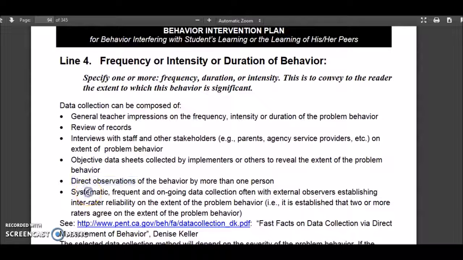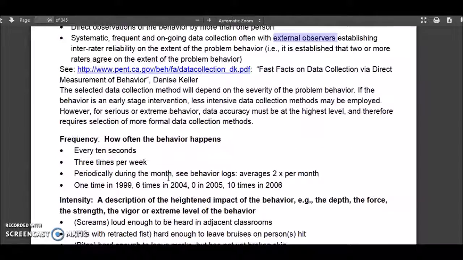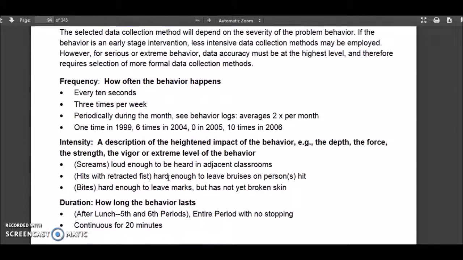And in some cases, a more systematic way of collecting information, the team might even recommend external observers to come and take notes about the behaviors. This is usually when the behavior is serious or extreme. So these are some ways of how you can collect information. Once you have this information, you can start describing each of the elements.